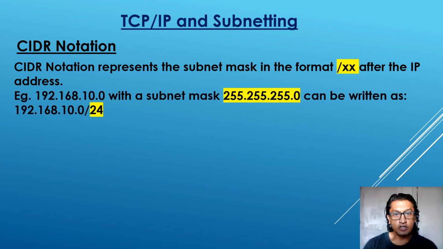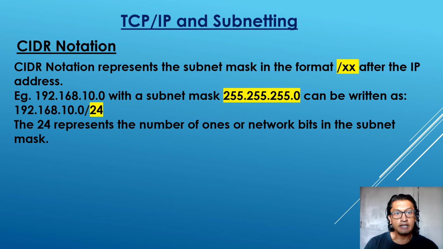As an example, we've got here 192.168.10.0/24, which is equivalent to saying we have a network 192.168.10.0, that's your network address, and we have a subnet mask of 255.255.255.0.